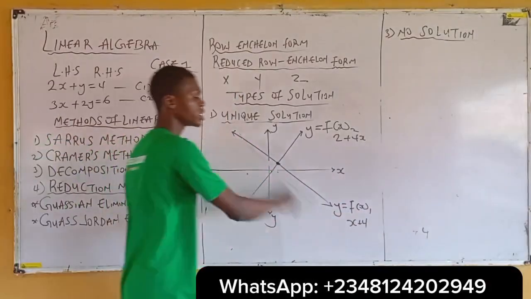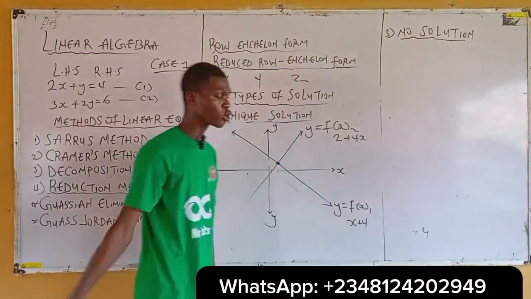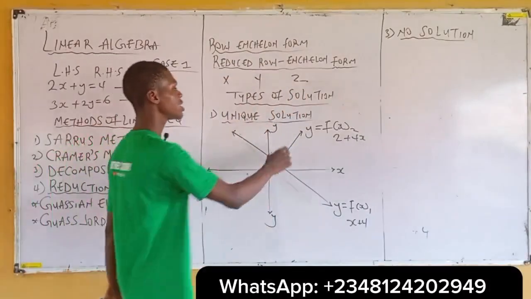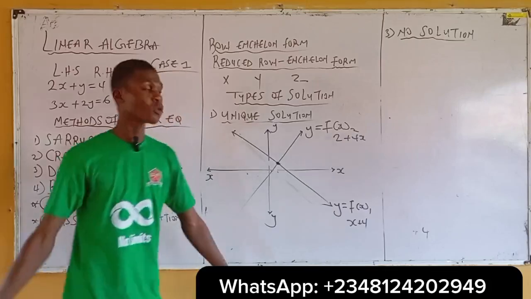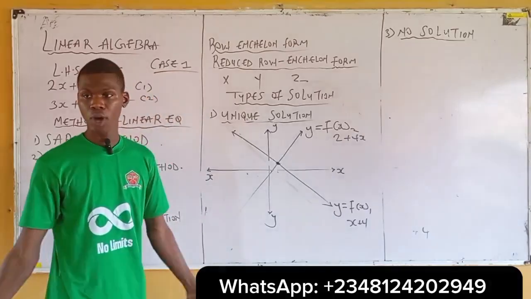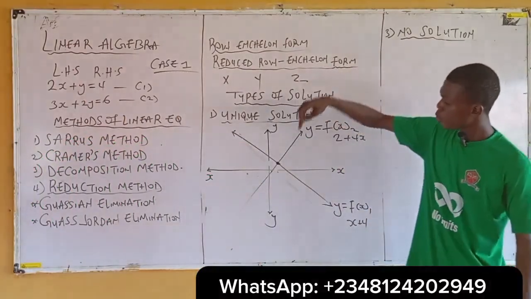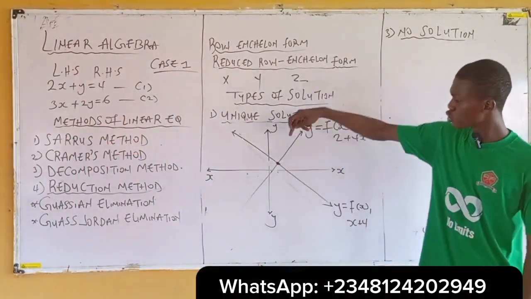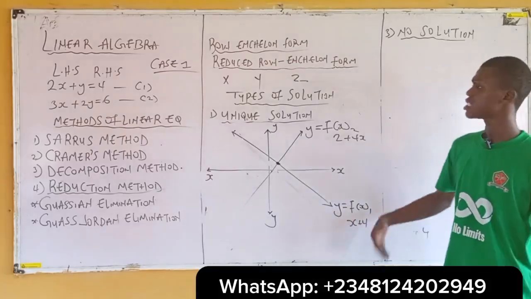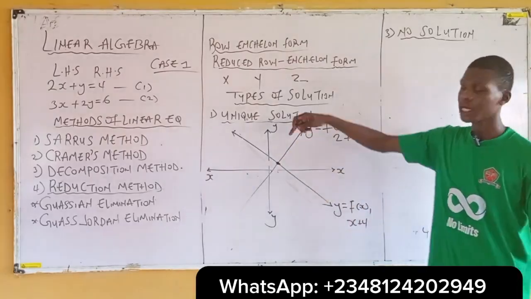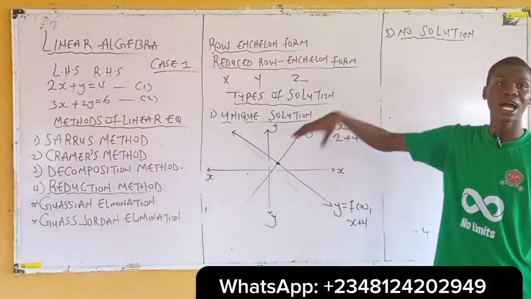This is the line that represents this equation, when y equals 2 plus 4x. So graphically, we are saying these equations must meet at a point. All of these equations intersect at a point. What if it is more than two equations? Same idea. All of these are intersecting at a point.